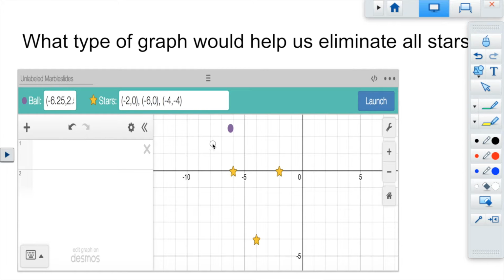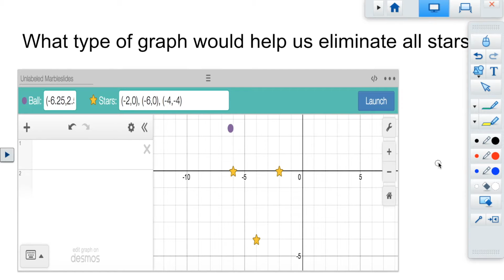Or I can do a line like this, calculating the slope and the y-intercept, and I can maybe take out these 2 stars, or maybe a straight line and I could take out those 2. But no line will help me take out all 3 stars. So what we want to do is make a parabola. A parabola is the graph of a quadratic function.